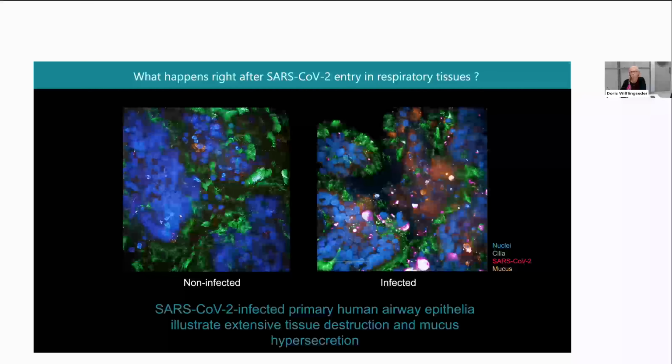And what we also found, and this was really interesting, was a mucus hypersecretion, which you can see here in orange. Here you can see really large areas of mucus secretion, and also mucus plug formation, beside, of course, infected cells, virus particles, and, as said, destruction of the epithelia. While here you can see the normal mucus production, some mucus-producing cells, you never see this mucus hypersecretion.